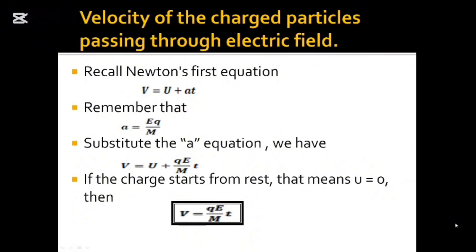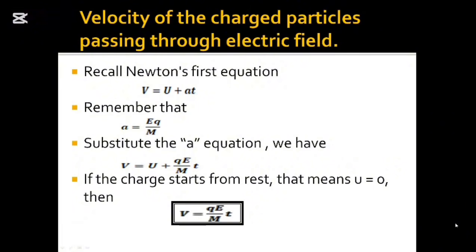What happens? The U there will be equal to 0. So the velocity of the charged particle passing through electric field will become V equal to QE over M times T. That is the equation in the block space.